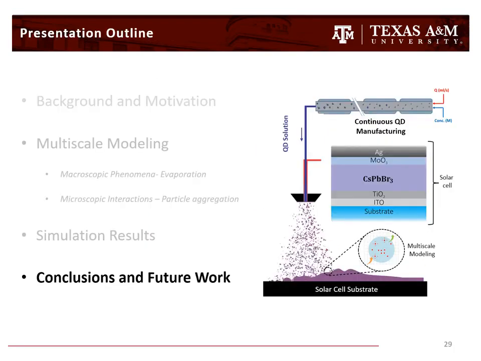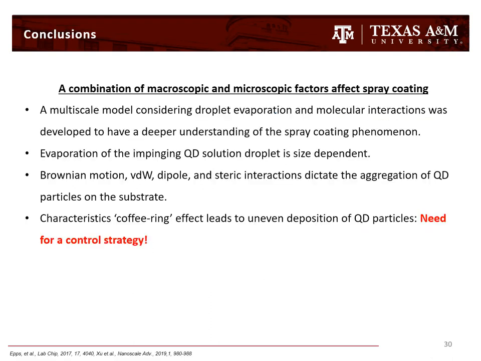This brings us towards the climax of this work, and I'll explain why this work is important when we are trying to design better thin films for perovskite solar cells. So far, I explained why spray coating can be used as a good alternative for large-scale production of perovskite solar cells. However, the modeling requires a multi-scale modeling approach.